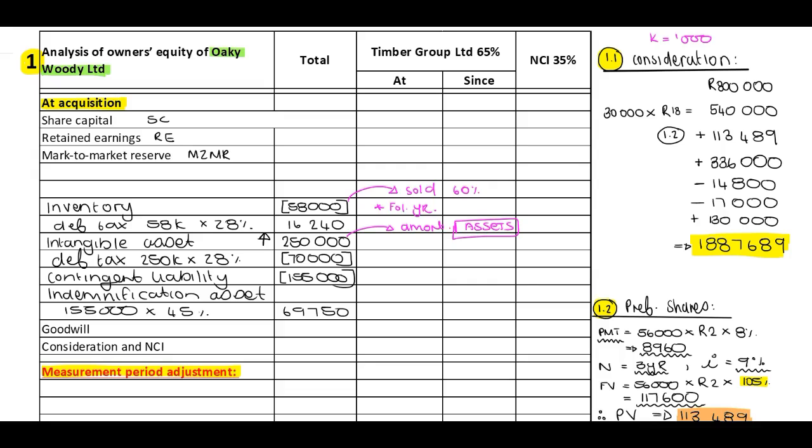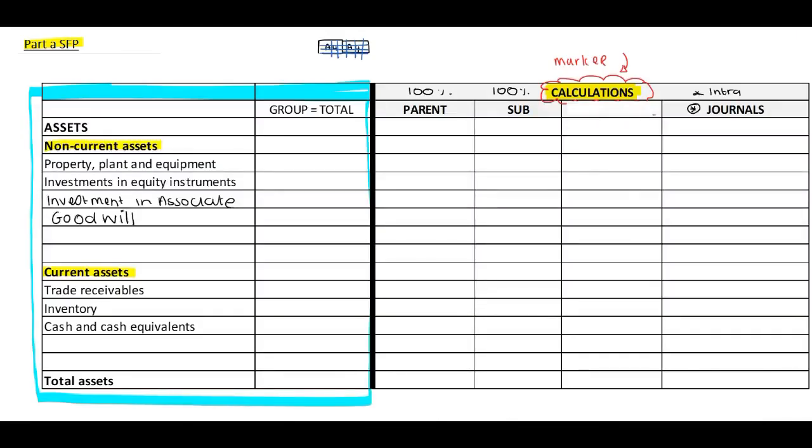Okay, so guys, if you think about your at acquisition journal entry, immediately you will identify that this is an asset and we need to include this on the face of our statement of financial position. You with me? Therefore, we need to indicate that this should be included on the face. Now, is this non-current assets or current asset? This will be a current asset, guys, because this will be within the next 12 months. This will realize.